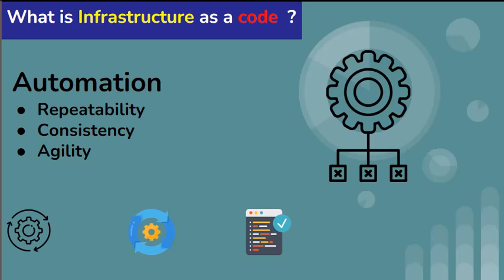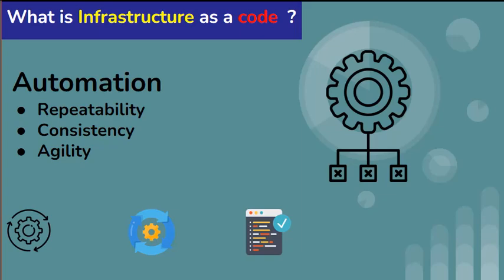IaC makes it easier to manage complex infrastructure environments by allowing us to define our infrastructure as a set of code that can be easily understood and maintained by the developer and operations teams. The code can be tested and validated before being deployed to production, reducing the risk of errors and outages.